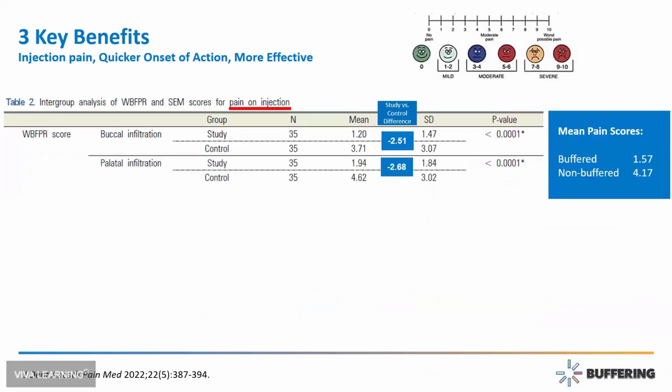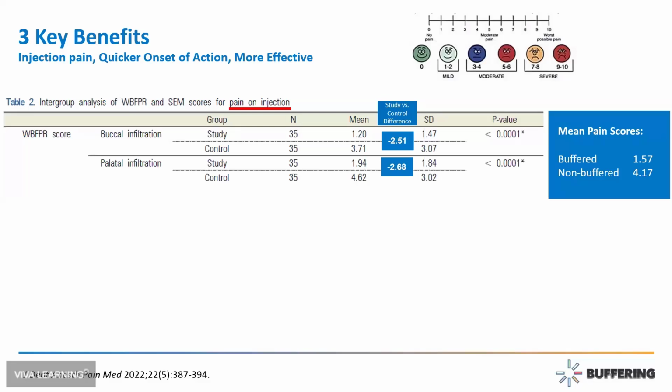They did buccal and palatal. For the buccal infiltration, the pain score from 0 to 10, where 0 is no pain and 10 is worst possible pain, was 3.71 for the unbuffered and 1.20 for the buffered, and 4.62 unbuffered and 1.94 buffered for palatal.